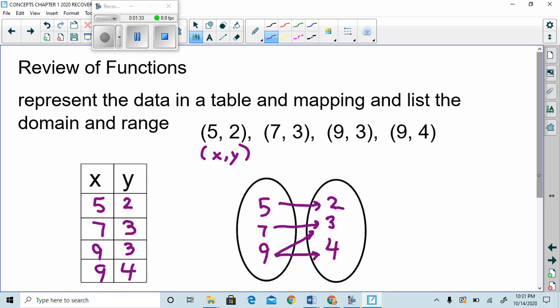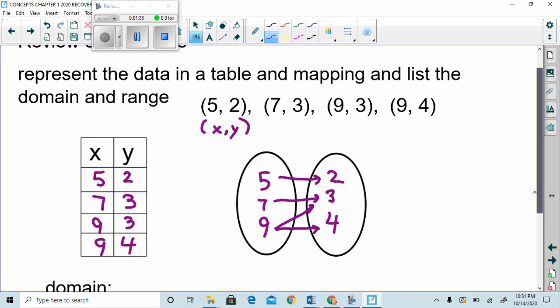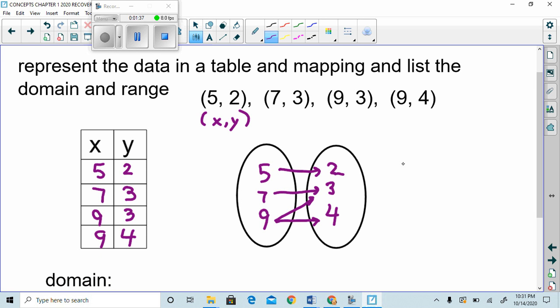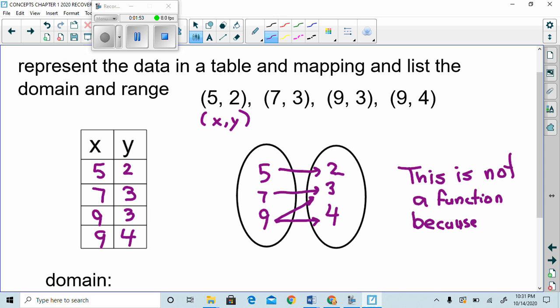Remember, a relation is a function if every input has exactly one output. This is not a function. And if you had to state a reason why it's not a function, it's because the input value of 9 has two different outputs.